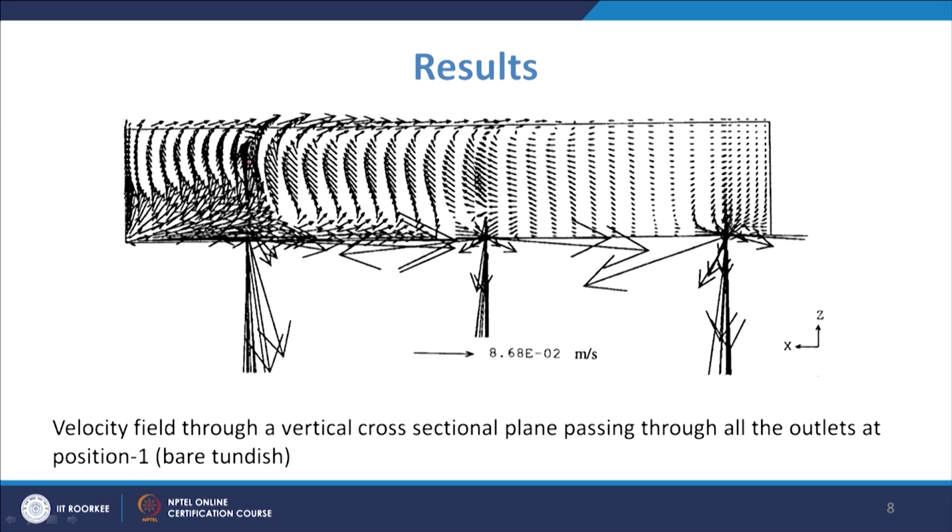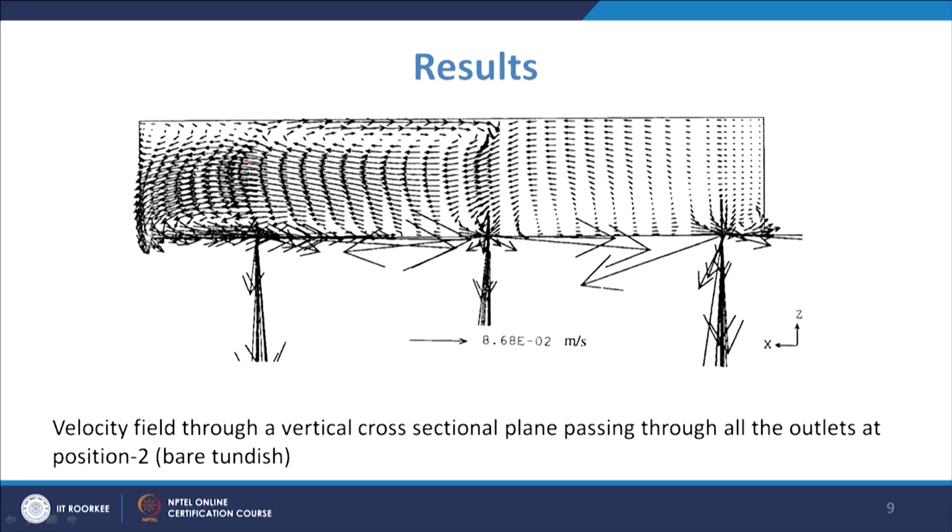This is through all the outlets. In this case we have also changed the position, so that is why we have 2 and 3.